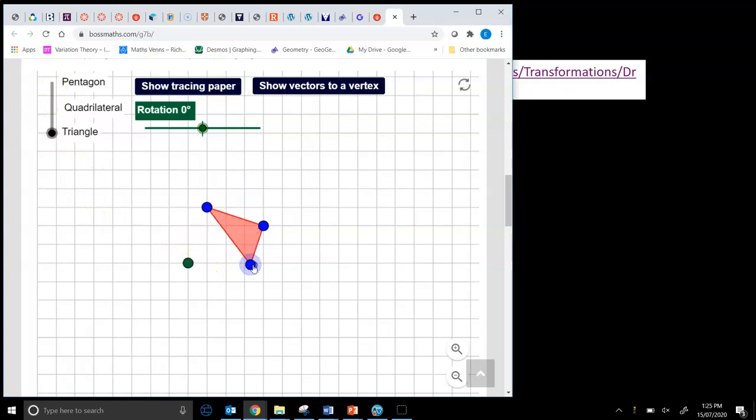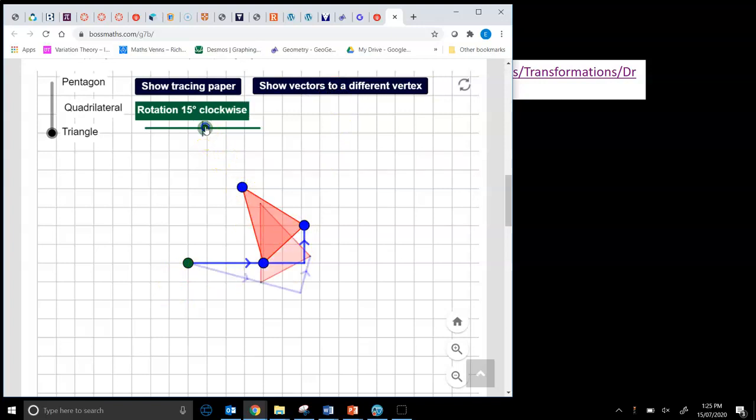You can change what the shape looks like by moving the dots around, and then you can rotate them. We can show the vectors. So you see here, if I rotate this by dragging this other green spot, I can see how my shape and my vector move.